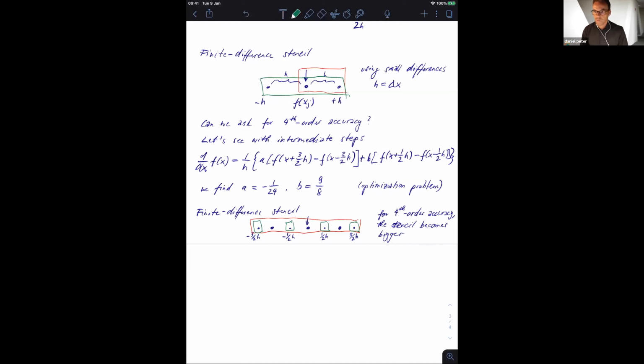If you want to have a 6th order scheme, in order to achieve that accuracy, what you would need is some additional neighboring points. And so the stencil becomes wider or bigger and bigger if you want to increase the order of the scheme.